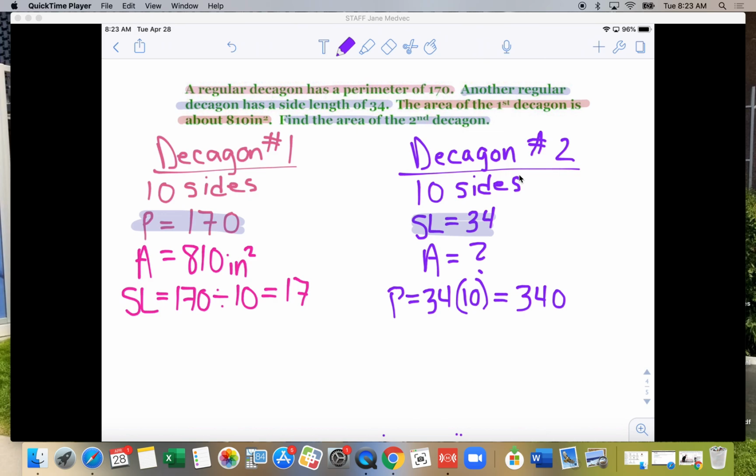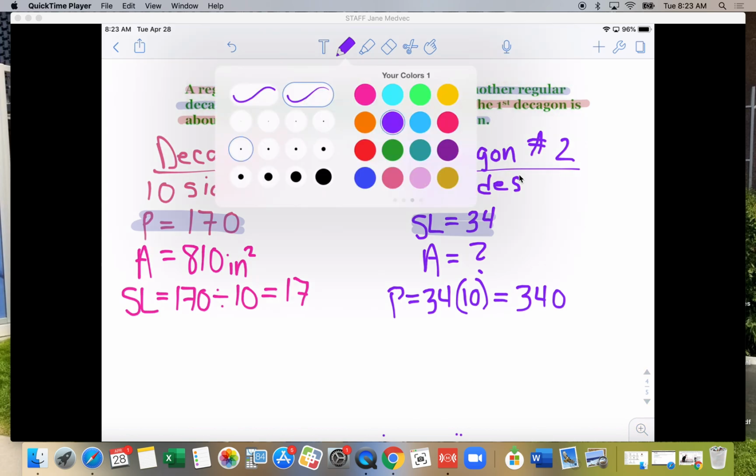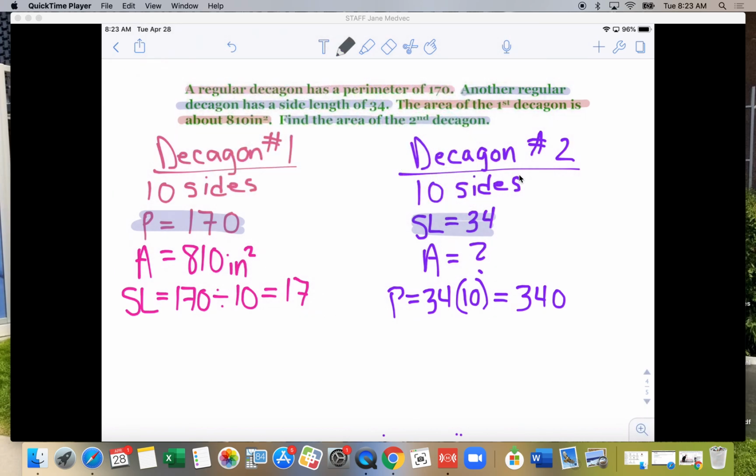Okay, so what I'm going to do is I'm going to go ahead and take my proportions, and I like to do side length because I got smaller numbers. So I'm going to take the side length on the smaller figure, and I'm going to put it over the side length of the larger figure.